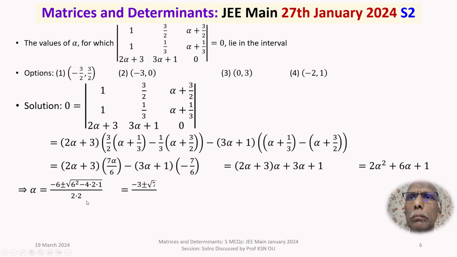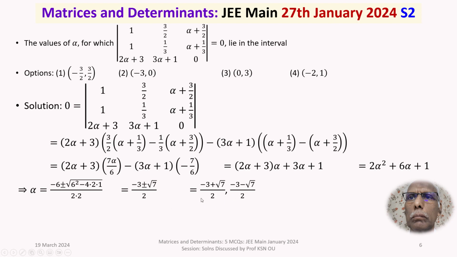So compute appropriately. Then you will get minus 3 plus or minus root 7 by 2. So two roots are minus 3 plus root 7 by 2 and minus 3 minus root 7 by 2.